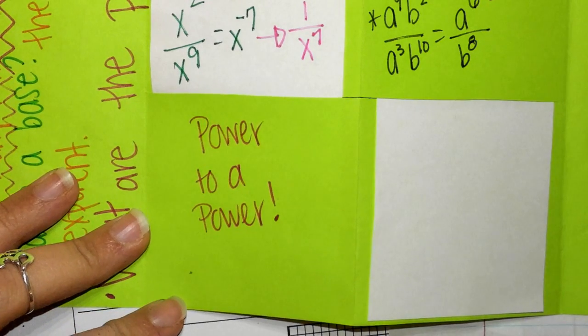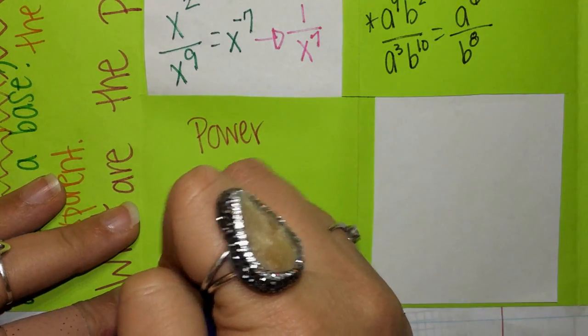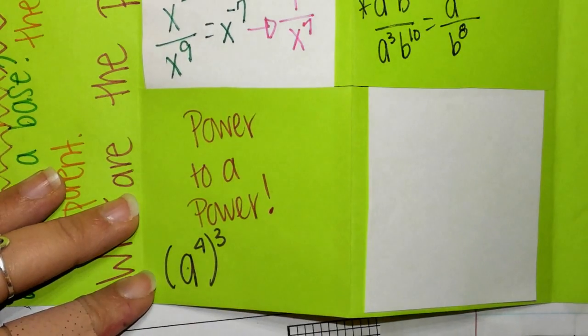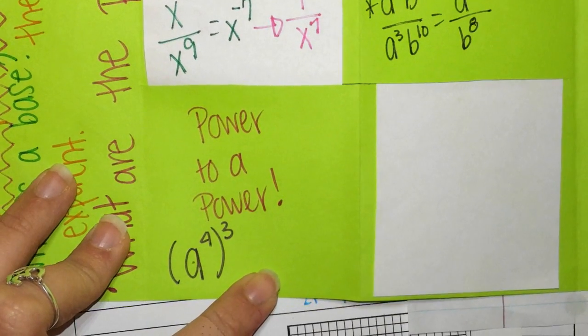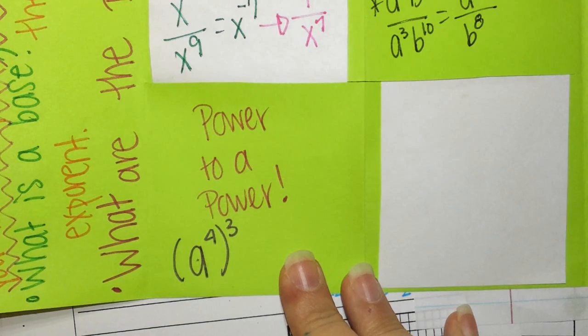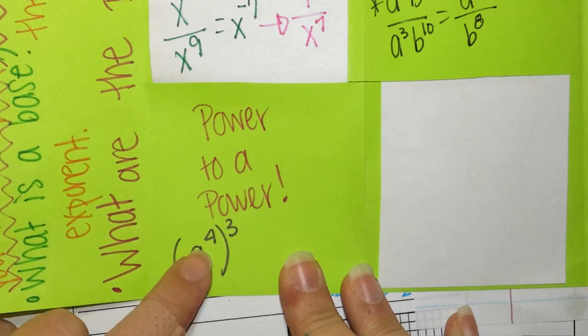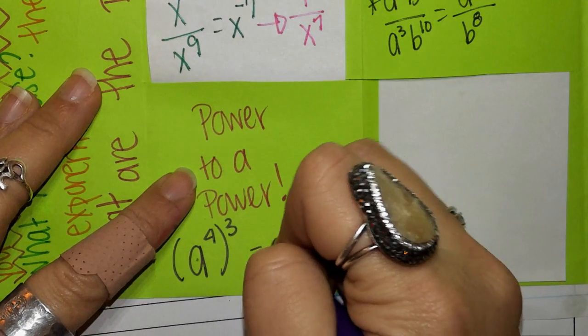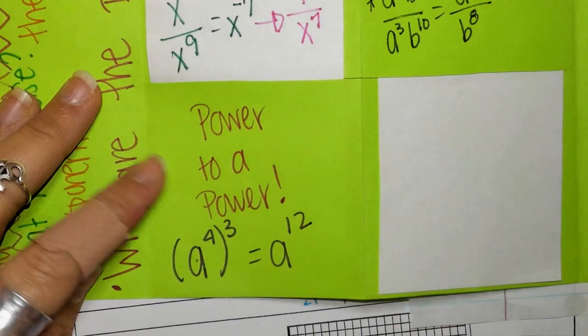When you raise a power to a power, it looks like this. The difference between power to a power and multiplying like bases is you only have one base. It's in parentheses and the exponent's on the outside. You just multiply this time, and you get a to the 12th.